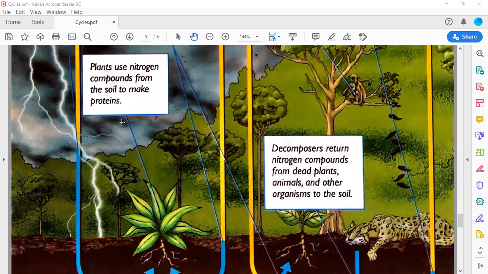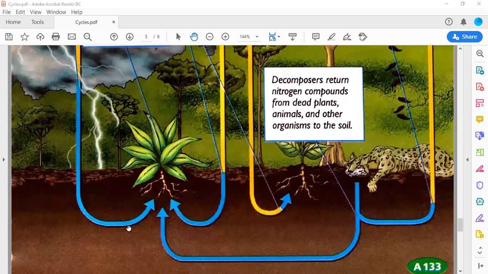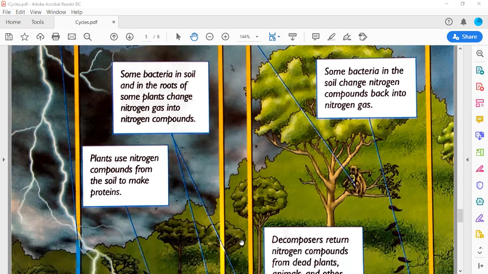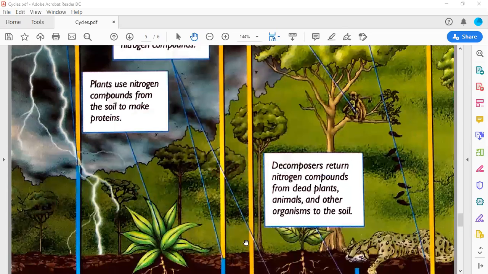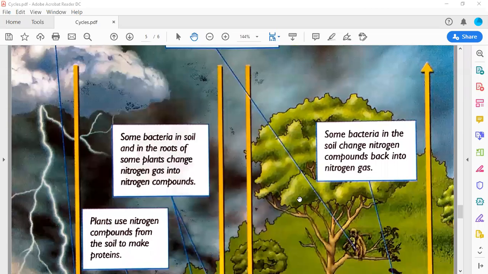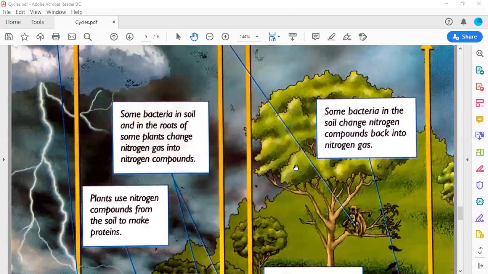Plants use nitrogen compounds from the soil to make proteins. Some bacteria in soil and in the roots of some plants change nitrogen gas into nitrogen compounds. And then it says usable nitrogen flows through the food web when animals eat plants or other animals. So it's going, like I said, over and over again.